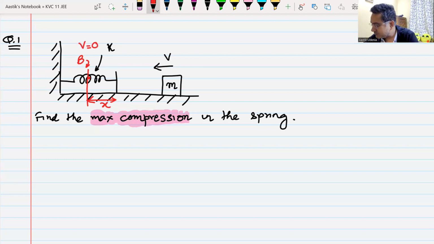And at this point, let us say this point is A. What are the forces acting on this body when it moves from A to this point B?